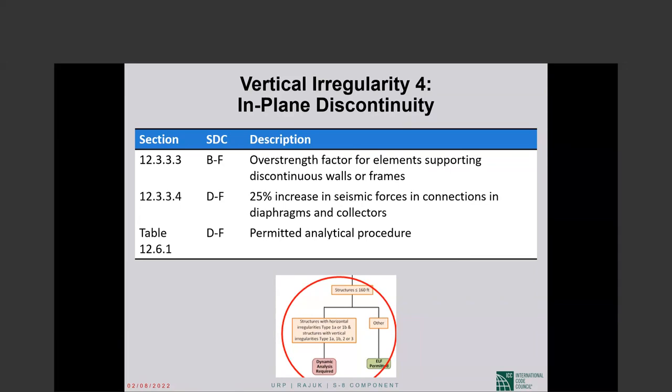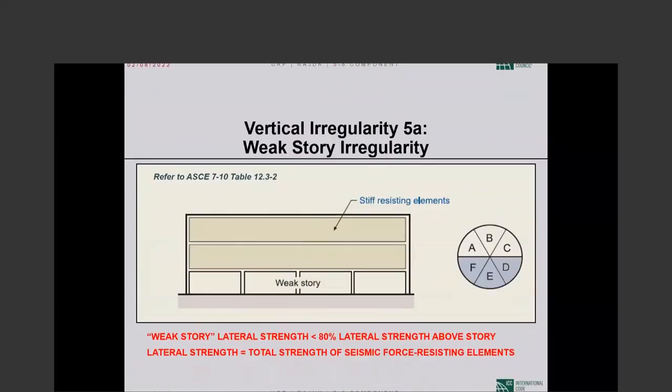And then the permitted analytical procedure. Actually, type 4 is not one of the bad irregularities. So when you go to this table, it will require dynamic analysis only for the taller buildings exceeding 160 feet in height. Otherwise the table will tell you that you can do the equivalent lateral force procedure.